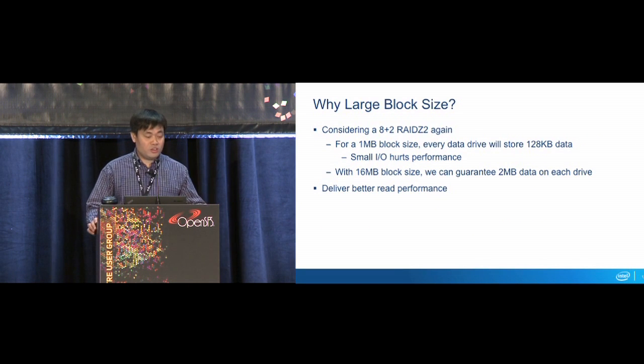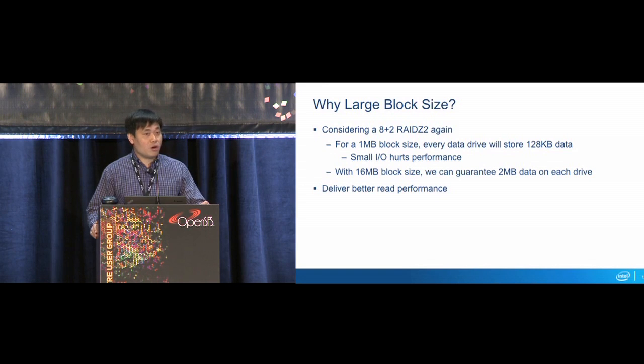So why do we need large block size? So consider an 8+2 RAID Z, ZFS RAID Z again. For 1 megabyte block size, every disk drive will store about 128 kilobytes of data. So this is kind of a small I/O, right?